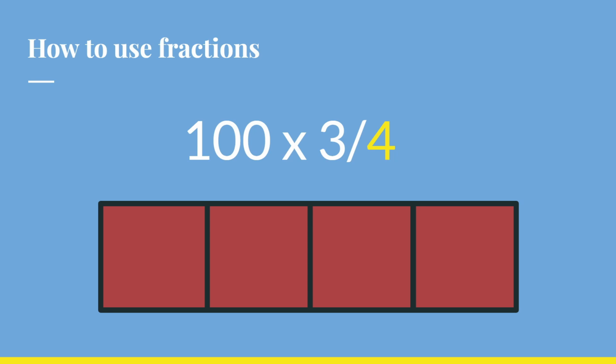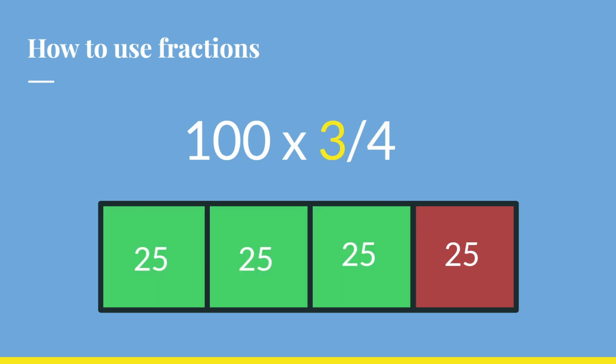So we know we're going to split 100 up 4 times, right? So we're going to divide 100 by 4. Each of those squares is equal to 25 because 100 divided by 4 is 25. Now we're going to look at the numerator, right? We only want 3 of those, right? So we have 25, 25, 25, and another 25 is being left off.